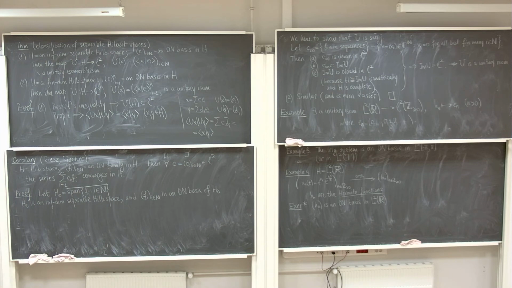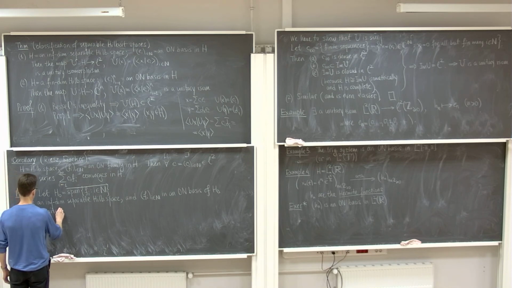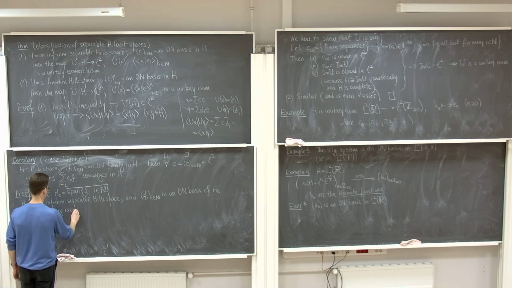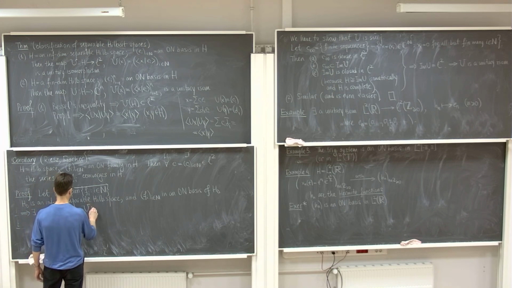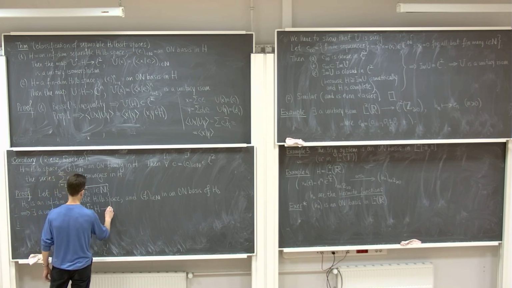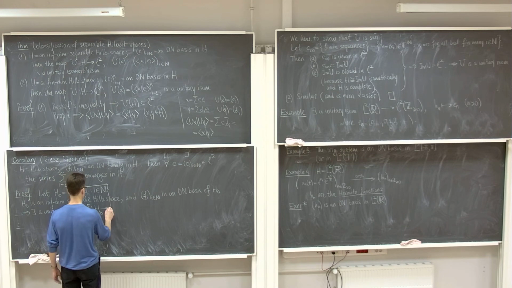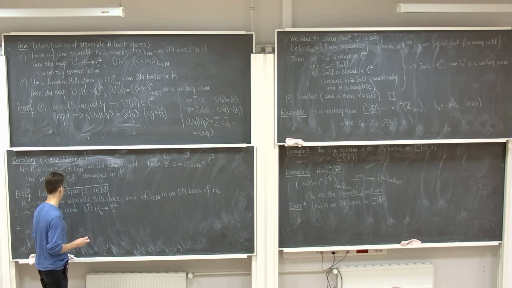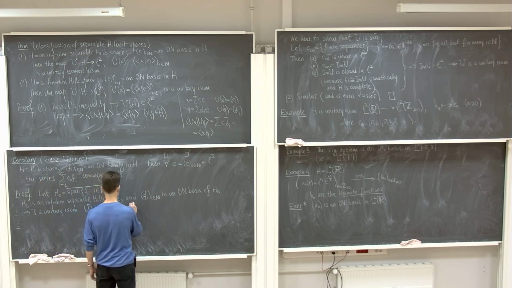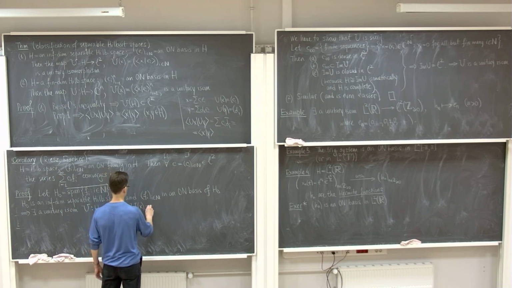So the above theorem implies that there exists a unitary isomorphism U from H0 to the little l2 space given by the following formula.